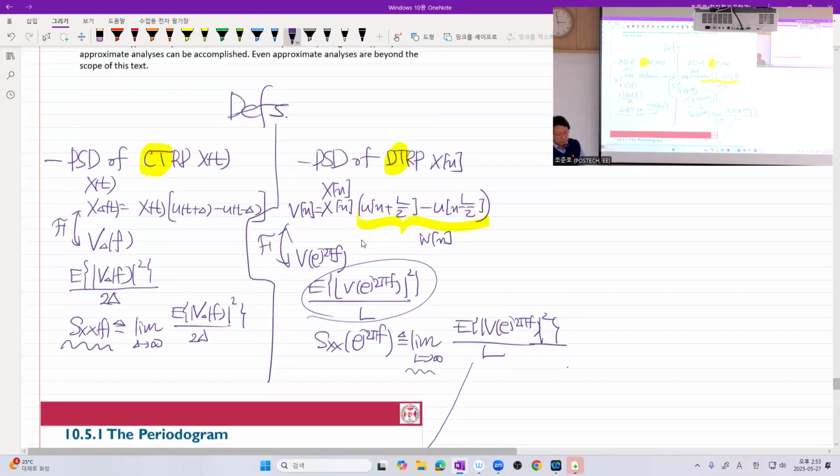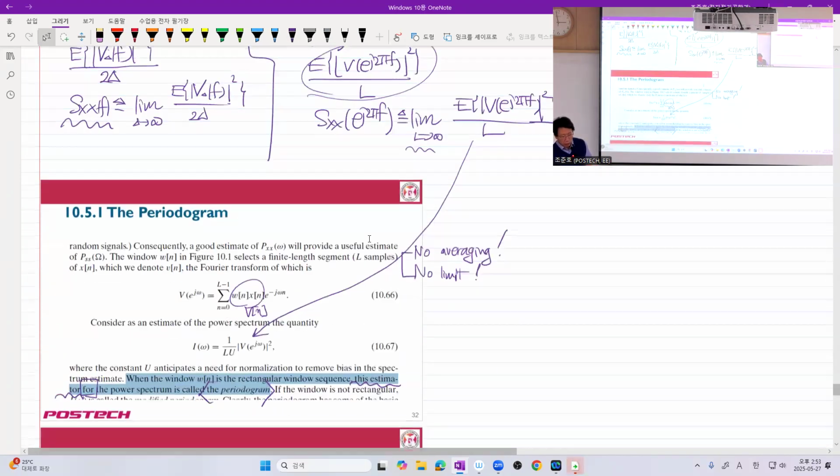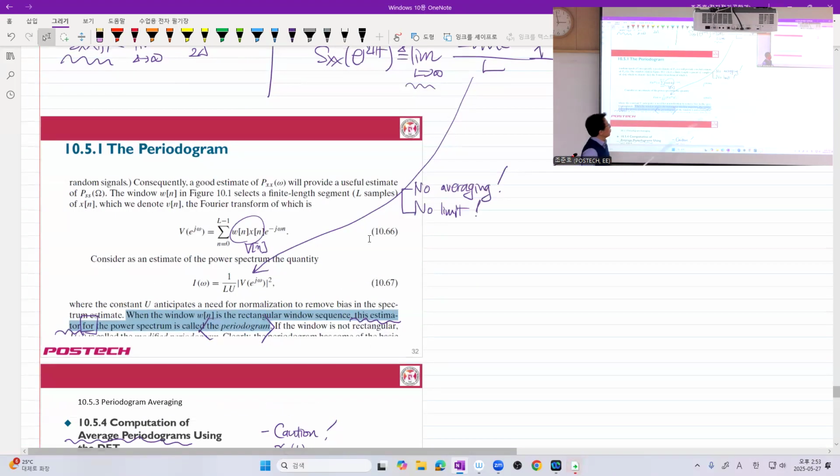So here, we have a stationary random process X. But unfortunately, we assume that we have a single observation of X. Now we multiply a window W and define it as V. And we perform discrete time Fourier transform.